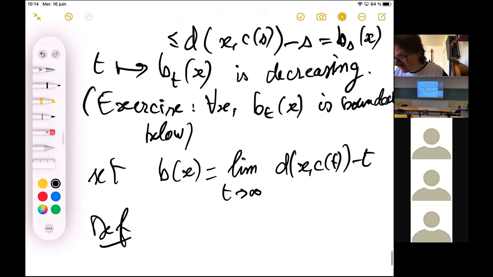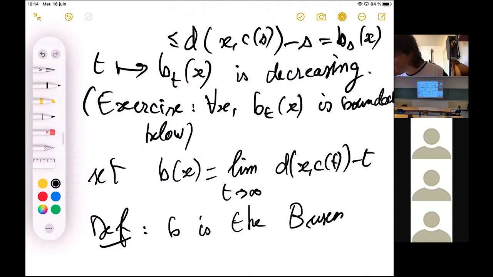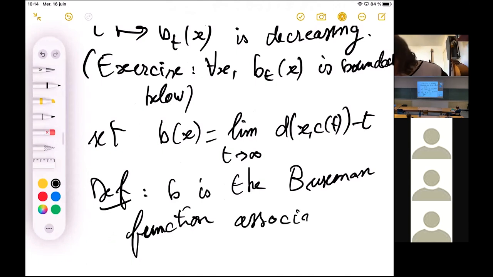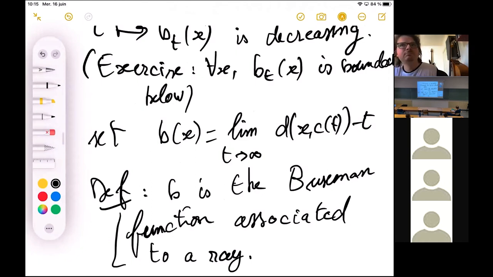So the definition is that b is what is called the Busemann function associated to a ray. They're also very useful. To get the existence, we only use the triangle inequality. So this has nothing to do with non-negative Ricci curvature.